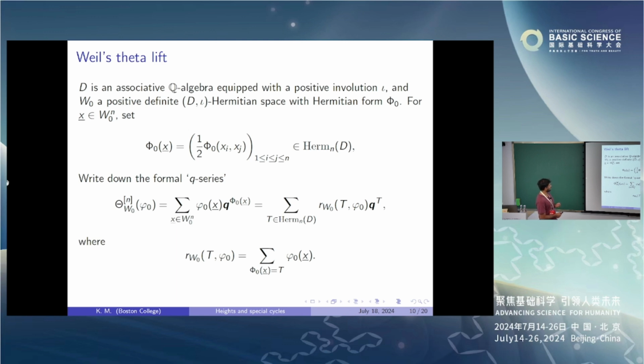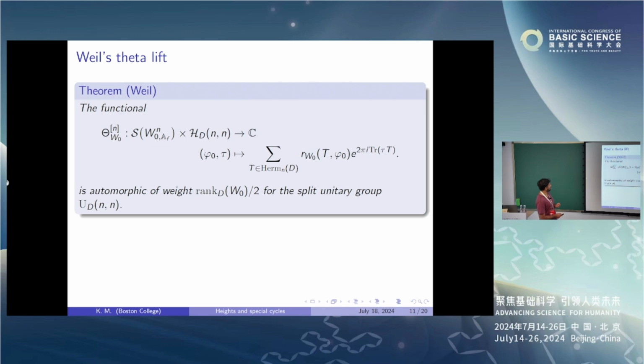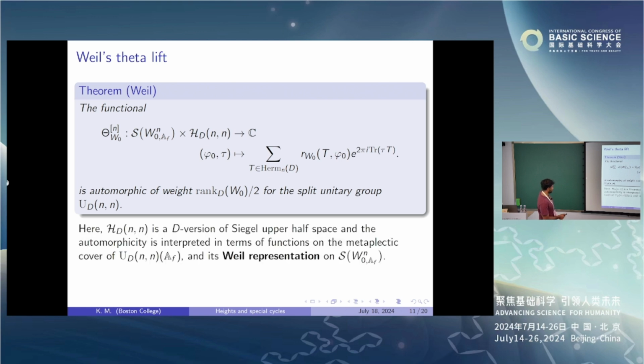And so what we know, and this generality is due to Weil, is that this functional that associates to the Schwartz function, I'll explain, maybe I should just write this here. This is some version of the Siegel upper half space.